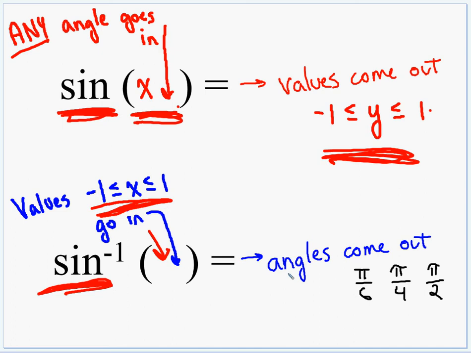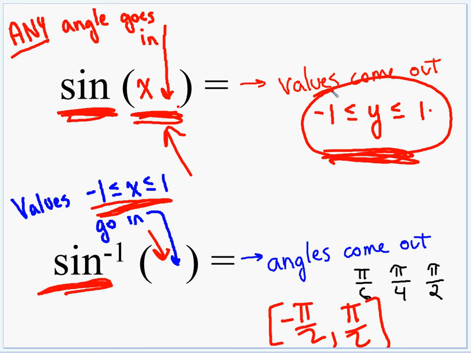And then what's going to pop out is some angle. And we're going to see shortly that those angles will be from negative half pi to positive half pi. And you'll see why shortly. So again, the original sine, angles go in, numbers between negative 1 and 1 come out. In the inverse, numbers between negative 1 and 1 go in, and out pops some angle.